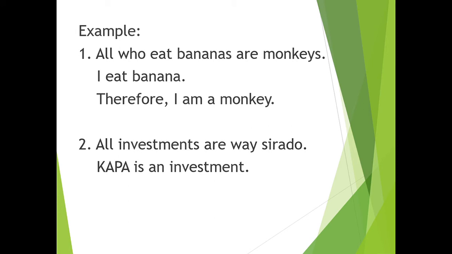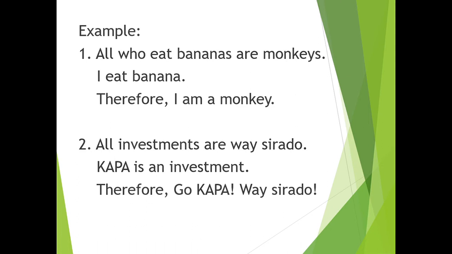And you consider that Kappa is an investment, therefore, Kappa will not close. Well, that no longer applies since Kappa has closed. But the example is there: you started from the general assumption and then you have the specific example where you consider that Kappa is an investment. Since the assumption says that all investments never close, you can say that Kappa will not close because you consider it an investment. Okay, so that is just an example of deductive reasoning.